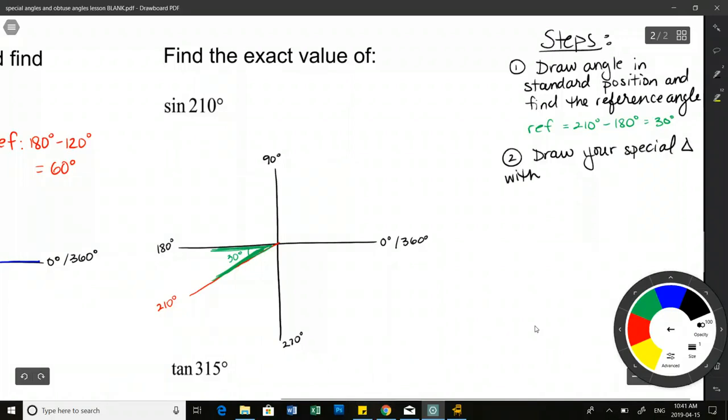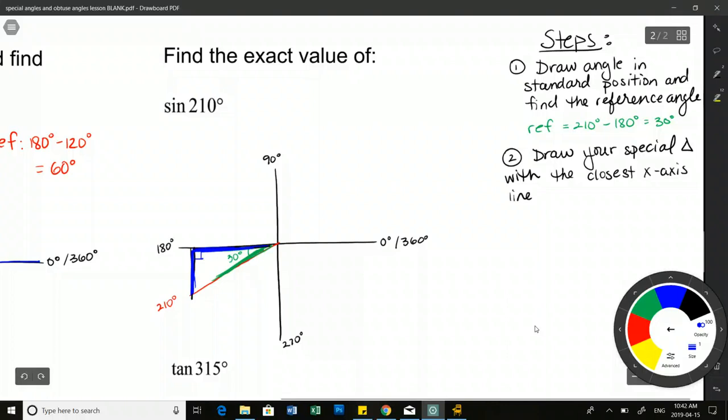Okay, step 2, we're going to draw our special triangle with the closest x-axis line. You can see that we can create a special triangle now right in here. I'm going to make it a right-angled triangle with my closest x-axis line. The x-axis will always be a leg of your triangle.